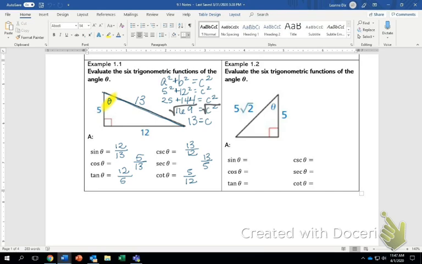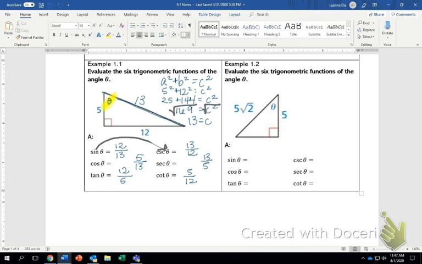Okay, so a way that I sort of remembered this from when I was in school is that I know that the reciprocals have to have one co and one non-co. So like my sine is a reciprocal with a cosecant, okay? So within that pair, one of them has a co, so I know that they are reciprocals.